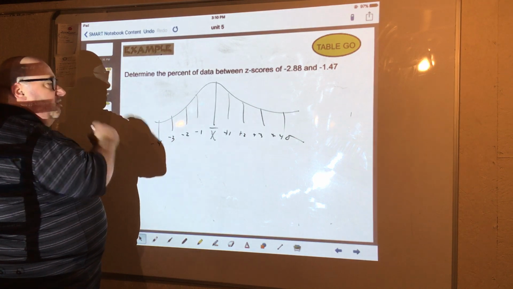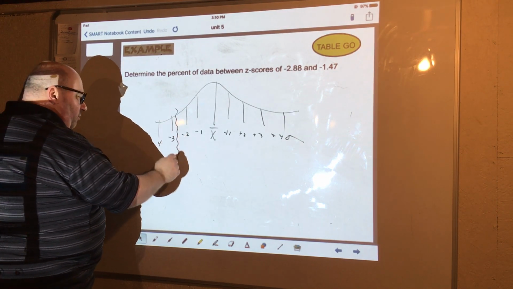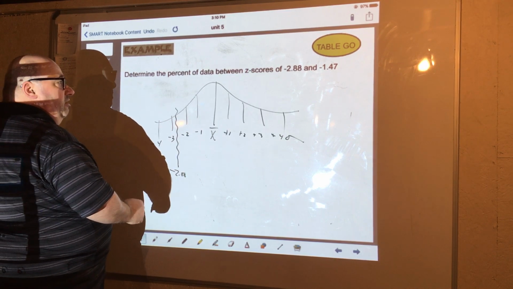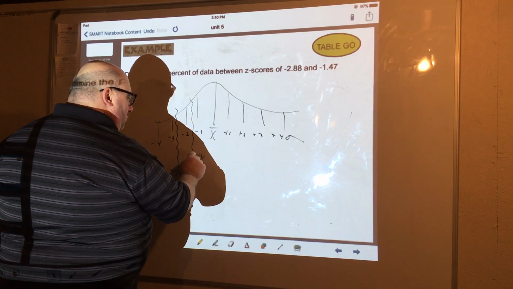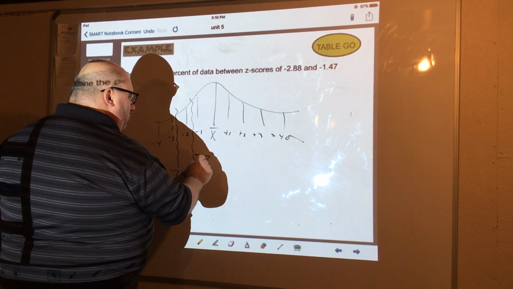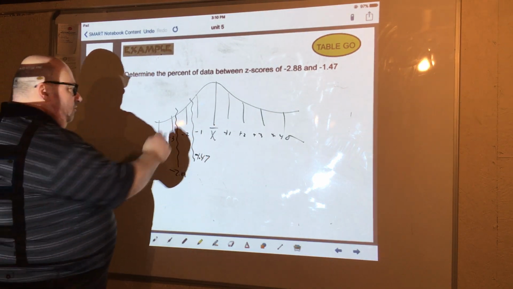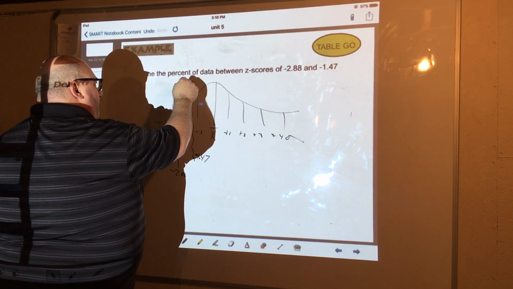So negative 2.88. That would be somewhere in here, right? And negative 1.47 would be somewhere in here. Agreed? Okay, so we're really dealing with this area in here.